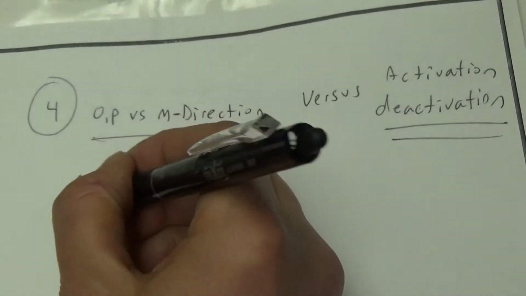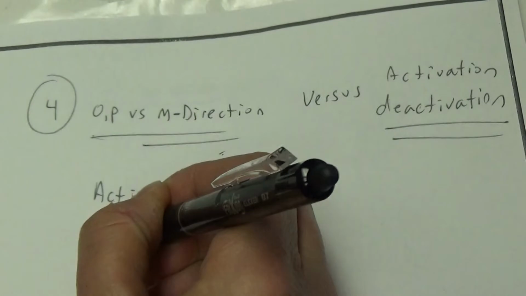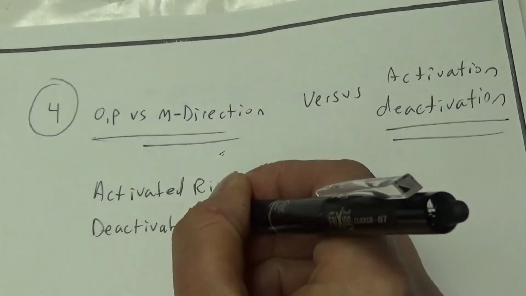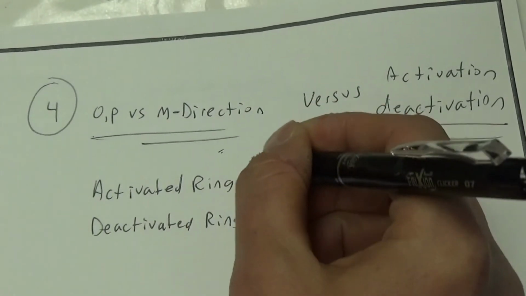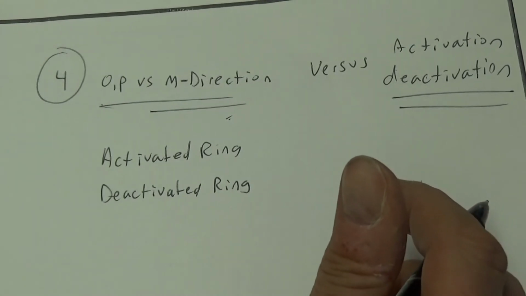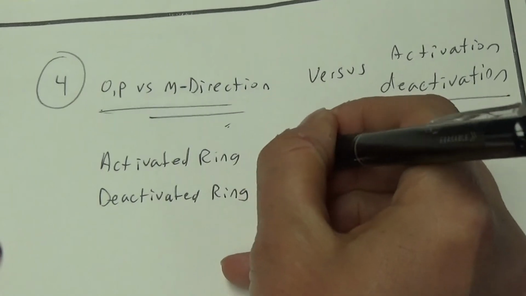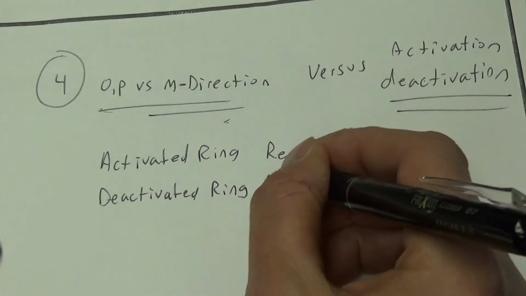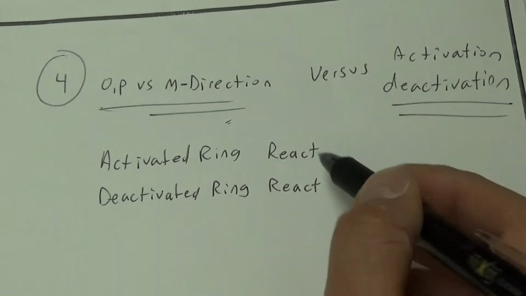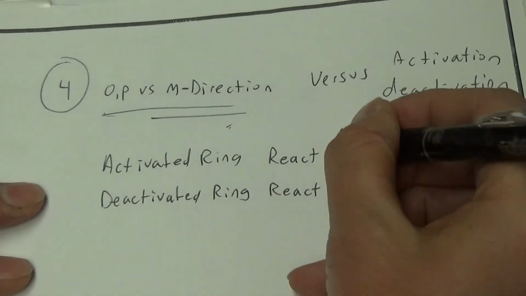What do you think activated versus deactivated means? We talk about an activated ring and a deactivated ring. It has something to do with maybe the speed of the reaction. So, activated, do you think that's the fast one or the slow one? And deactivated, the fast one or the slow one? It's pretty obvious. Activated means fast, a fast reaction, quickly.